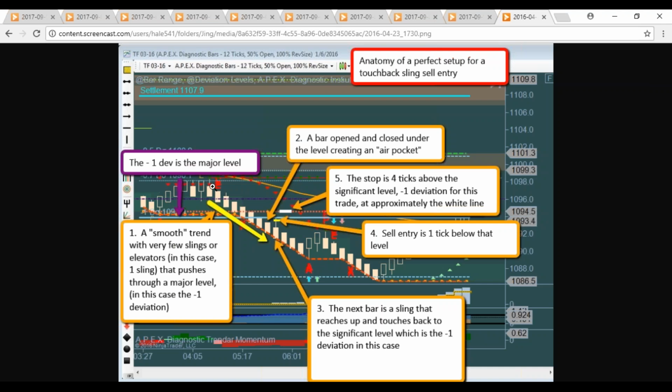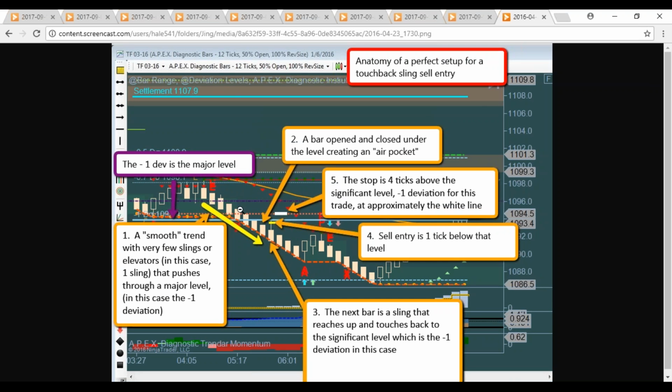You know, where the market's trending and it breaks through a strong level, okay? Without hesitation, without chop, without any slings or elevators. It makes a clean break through a level. And then what does it do? It comes back up to touch that level and then shoots on down, right? Remember that trade? You can go back and read up about it. Remember the cool thing about that trade, we see it break through that level.